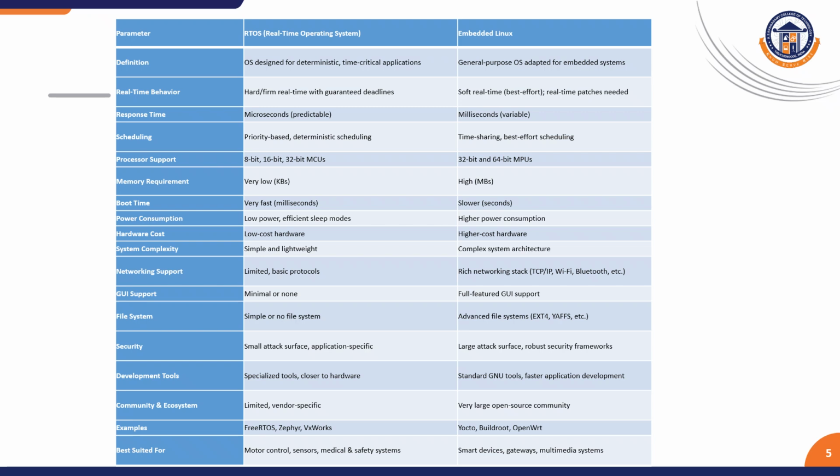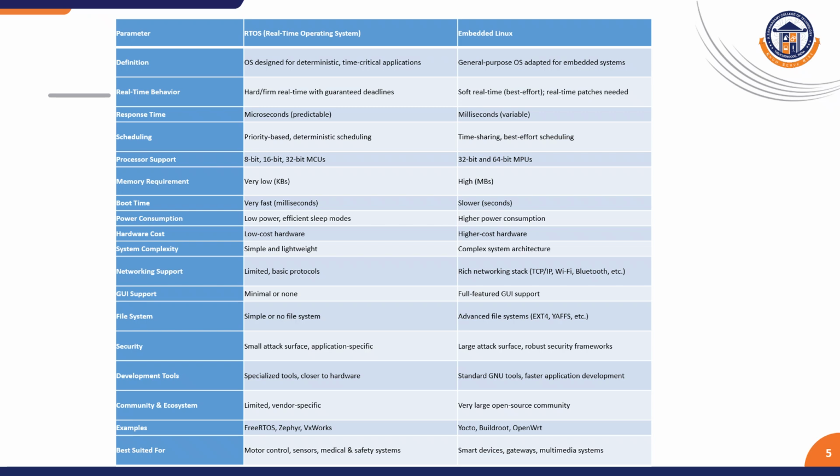Hardware cost: low cost hardware versus high hardware cost. System complexity: a real-time operating system is lightweight and simple, while embedded Linux has a complex system architecture. Graphical user interface support: an RTOS doesn't require any graphical user interface, but embedded Linux has fully featured graphical user interface support.